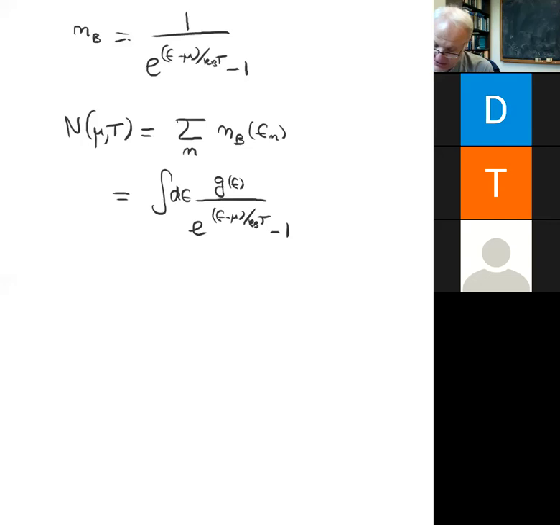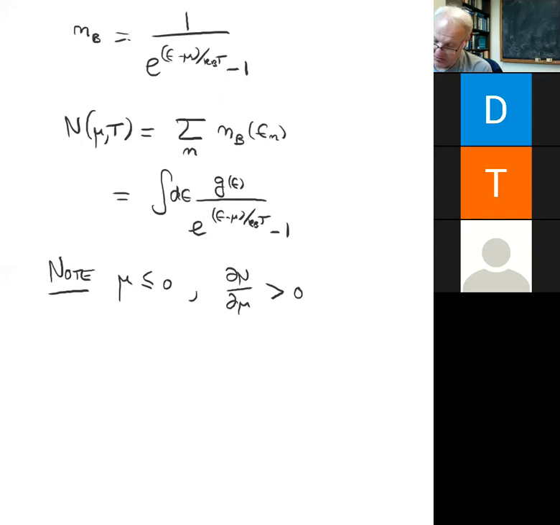But now let me remind you of two things. So number one, for this system to make sense, we needed the mu to be less than 0. And you can also see, just by looking at this integral, that the number of particles will increase with the chemical potential. So the derivative of N with respect to the chemical potential is greater than 0.